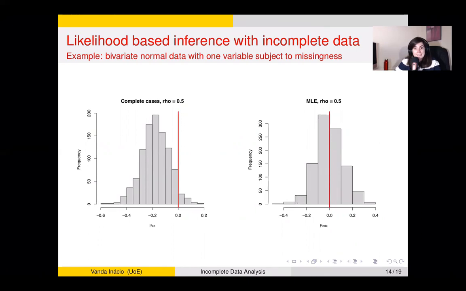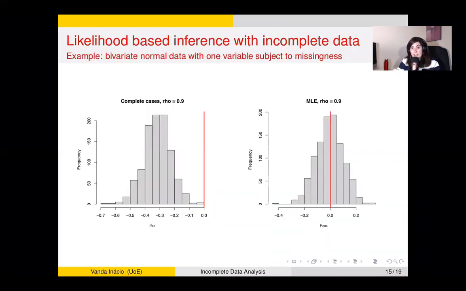So we are not discarding the n minus m observations that we have available in y1, and that helps me in estimating my mu2. This is even more extreme, by the same argument, when the correlation is 0.9, so a very high correlation.